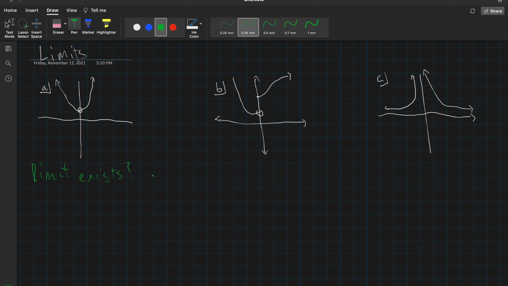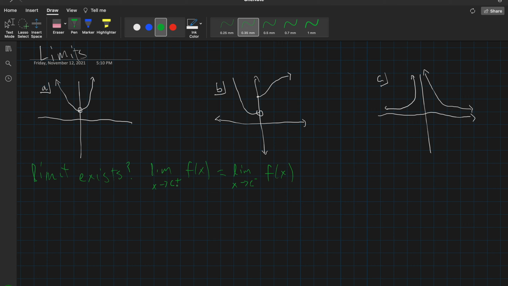So this will be the case if the limit as x approaches some value we'll call c from the right of f of x is equal to the limit as x approaches that same value from the left.